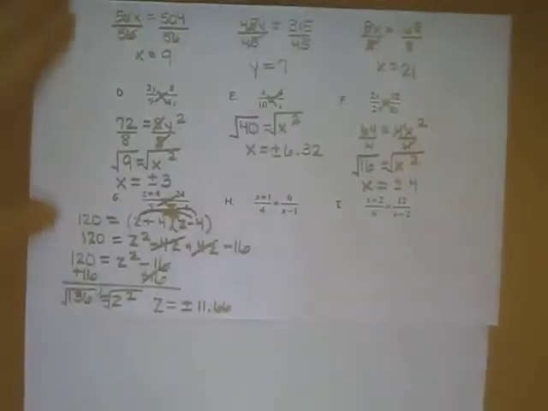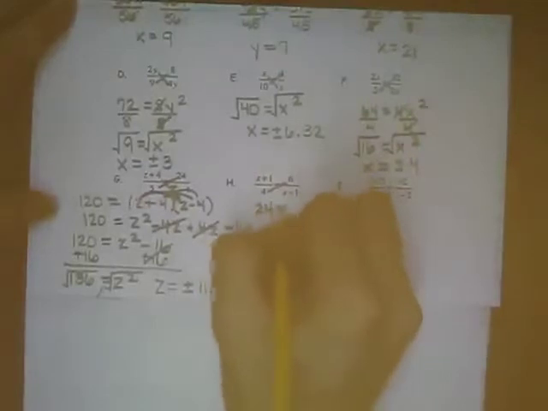Our next one is very similar. So the first thing we're going to do is cross multiply. So 4 times 6 is 24. If you cross multiply x plus 1 times x minus 1, we are again going to FOIL there. So I have 24 equals x times x is x squared. X times negative 1 is a negative 1x. 1 times x is 1x, and 1 times -1 is -1.